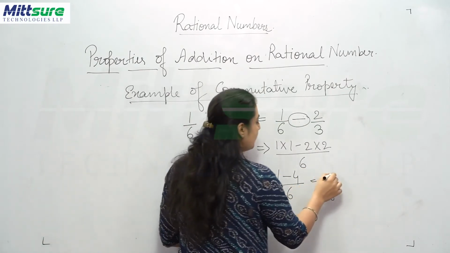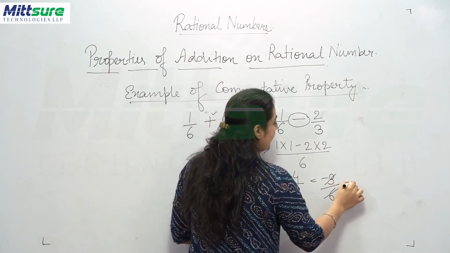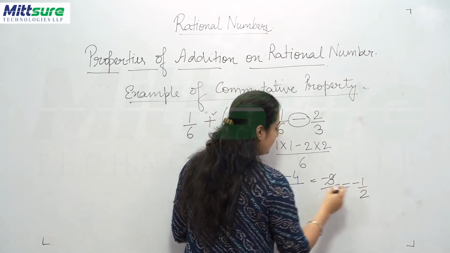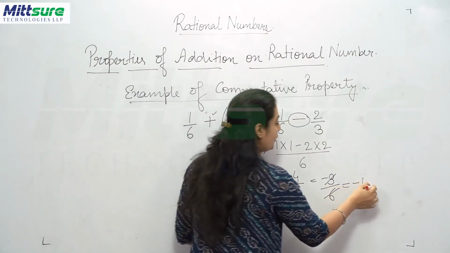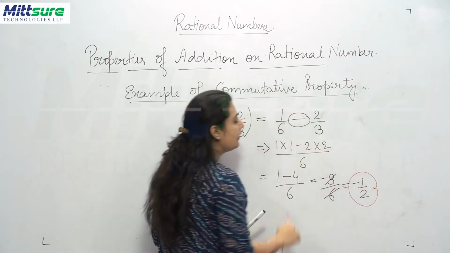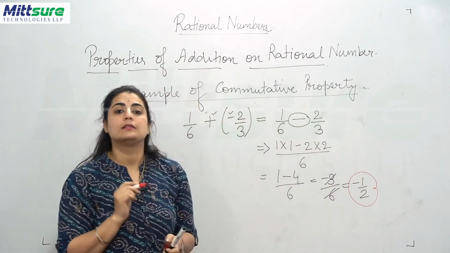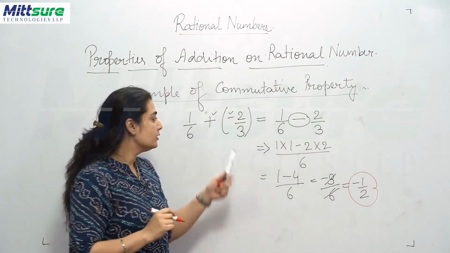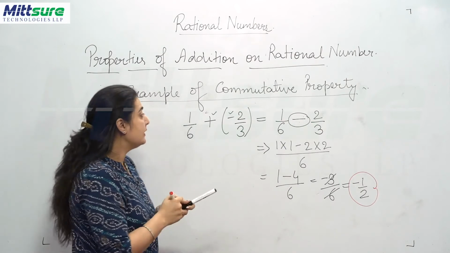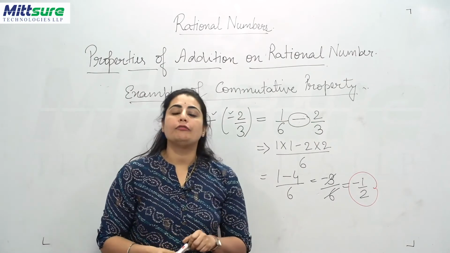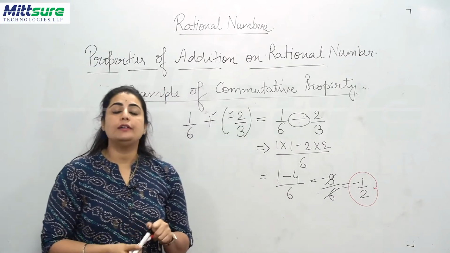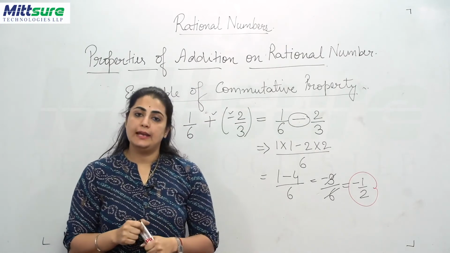On reducing minus 3 upon 6, I again get minus 1 upon 2. Now this minus 1 upon 2 is similar to that of the previous sum. Okay, so that means it is proven that the commutative property of addition on rational numbers does exist.